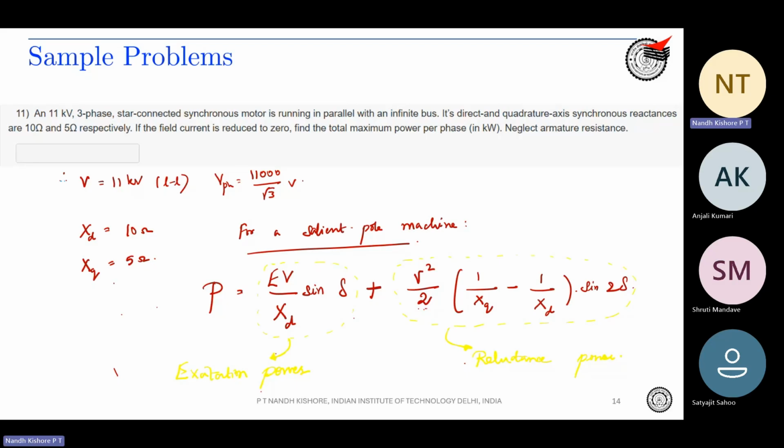Okay. So if it's a cylindrical rotor machine, you know that P is basically EV by XS sin del.